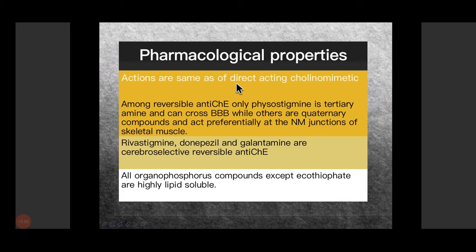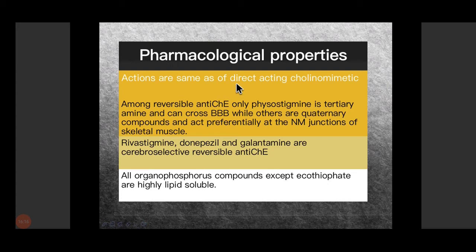Among them, only physostigmine is a tertiary amine. The rest of them are quaternary amines. Tertiary amine means it is lipid soluble and can cross the blood-brain barrier, while quaternary compounds act preferentially on the neuromuscular junctions of the skeletal muscles. They cannot cross the blood-brain barrier.